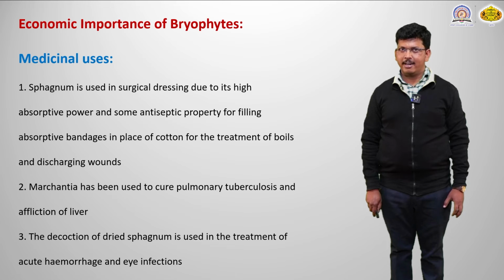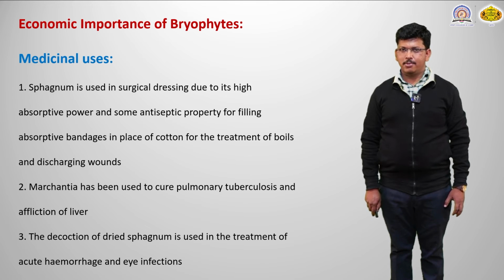Dried sphagnum is used as a treatment of hemorrhea and eye infection. So eye infection is one of the diseases or abnormalities cured by the sphagnum moss.